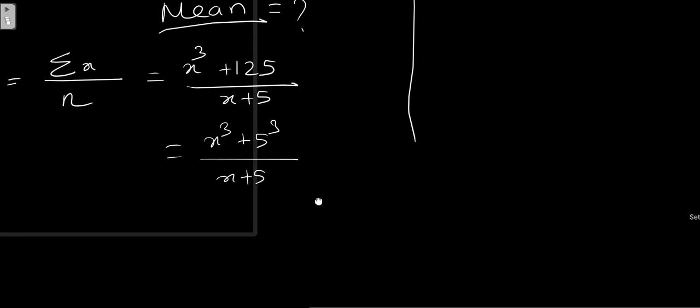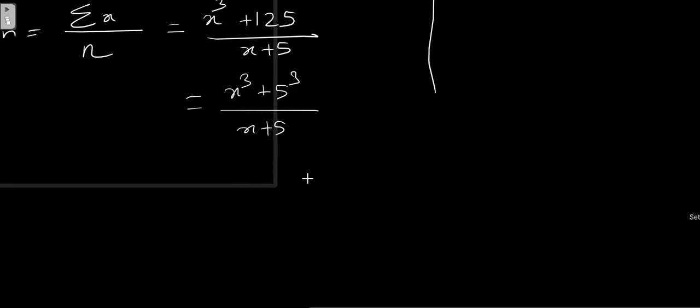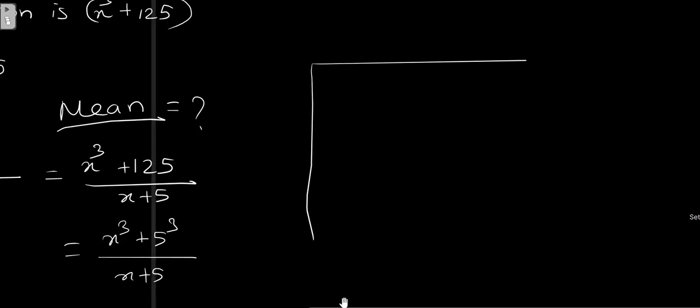Clear? Okay. Then actually you may get it in this method. I will work out this method, the first method, and then I will give you a property. Using that property we will cancel.